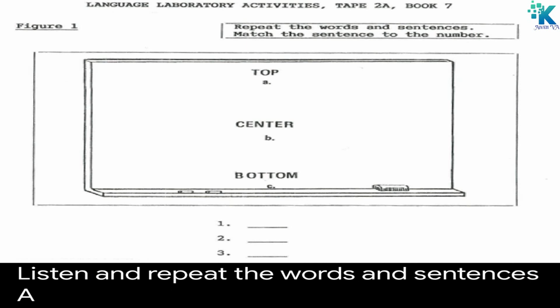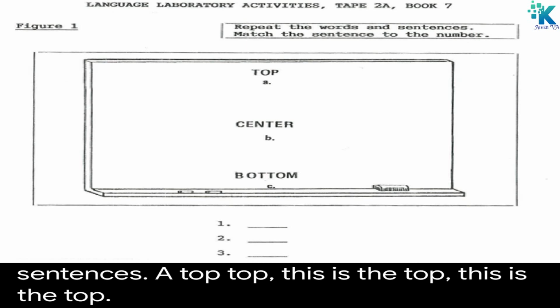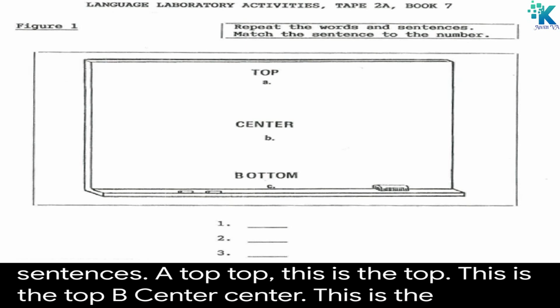A. Top. Top. This is the top. B. Center. Center. This is the center.